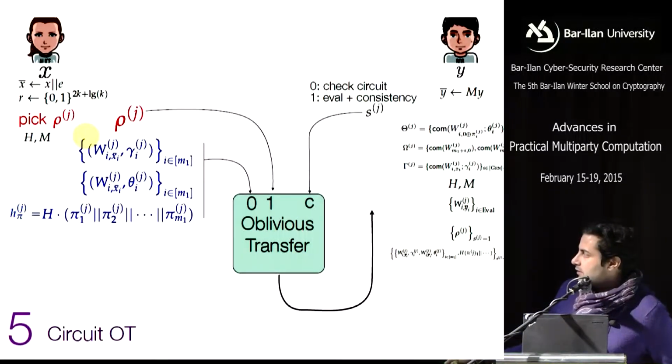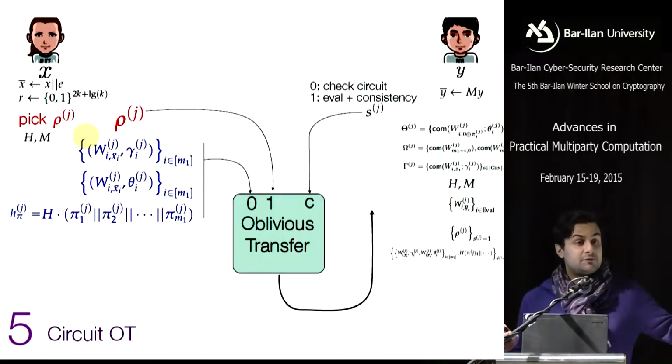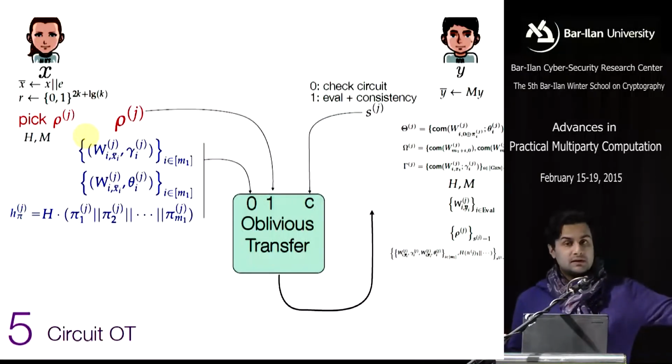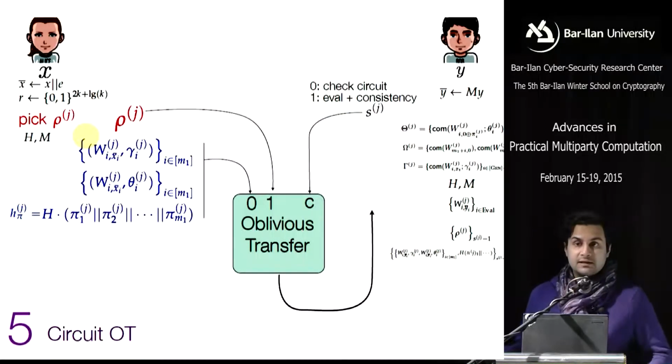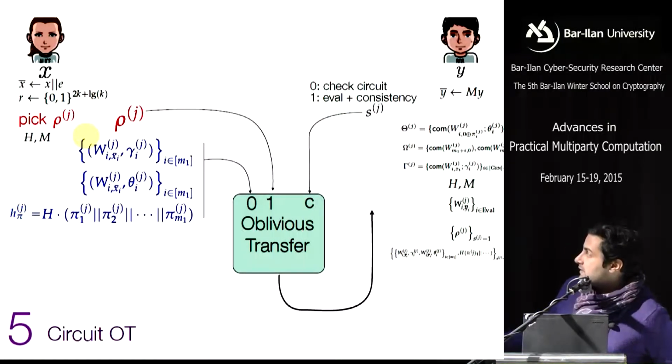Just like before, we use this cut-and-choose OT. This is a similar idea, where Bob is going to use a standard OT to select, for every check circuit, either to get the randomness used to generate that circuit, or to get the openings to the commitments for Alice's wires.